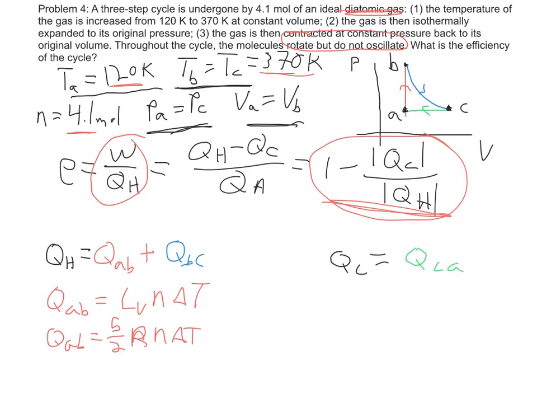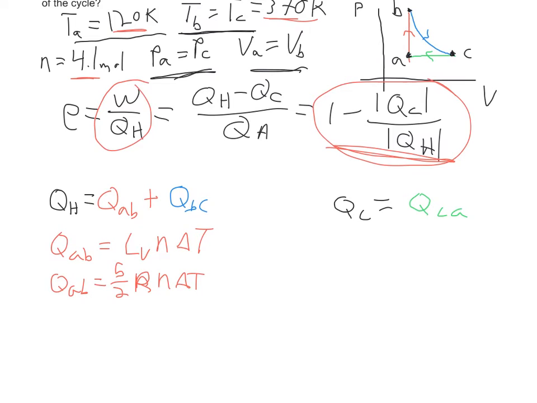Cool, sounds good. What about the Q during our isothermal transition? So QBC, for that we have to look at what happens during an isothermal transition. The heat entering our system during an isothermal transition is weird, right? We're adding heat, but the temperature's not changing.